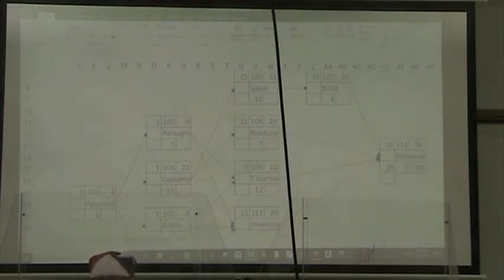Now, that 36, that late start time is going to propagate backward to all of the activities that merge together for the rehearsal.